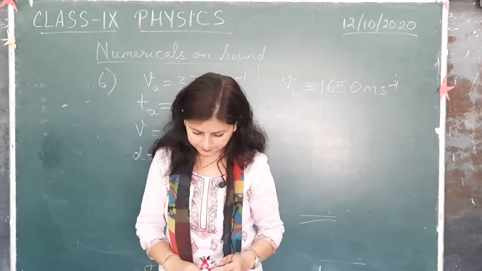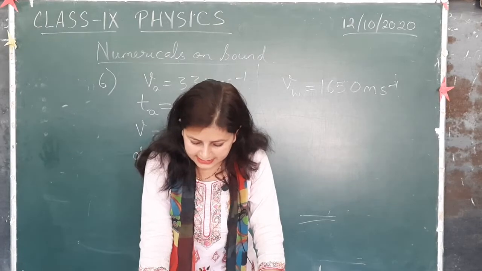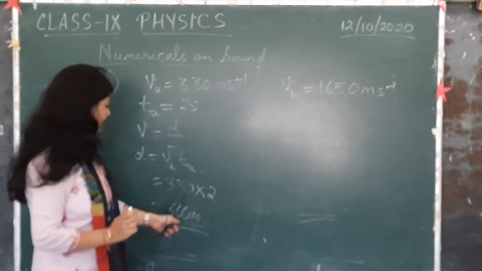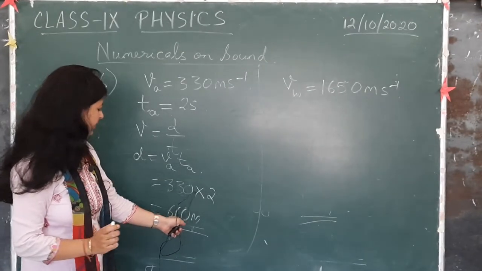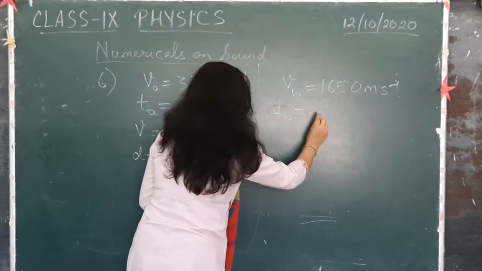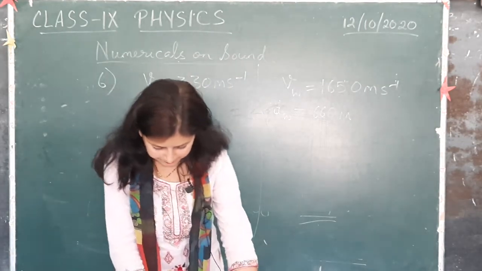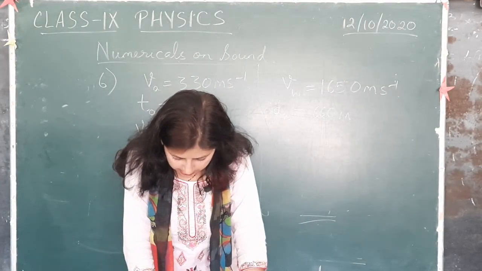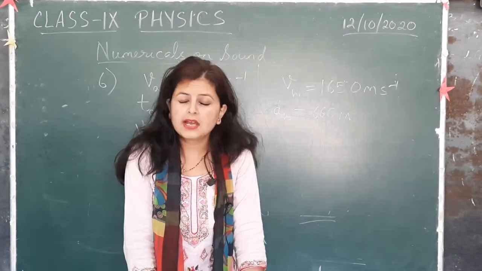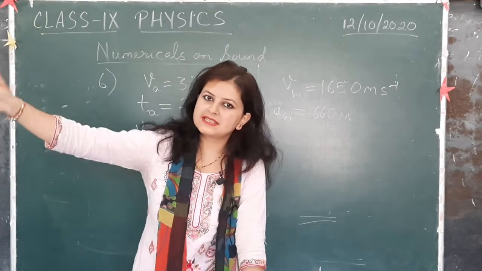Now the second part of the question is how much time will it take for sound to reach the same distance. Here same distance means the distance to be covered by sound is 660 meters. So the distance in water is also equal to 660 meter. How much time will it take for sound to reach the same distance when the source is in water? Since the speed is different, the time taken by the sound to reach the same distance is different.